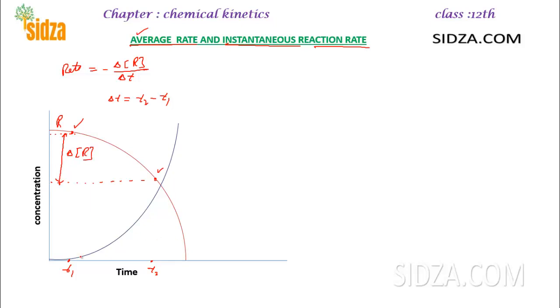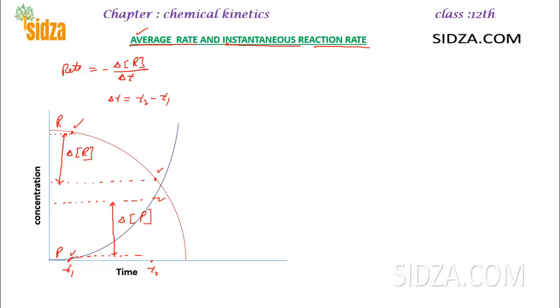We can also express the rate of reaction in terms of products. At time t1, this is the concentration of the products, and at time t2, this is the concentration of the products. So in the same time period, this is the change in concentration of products.